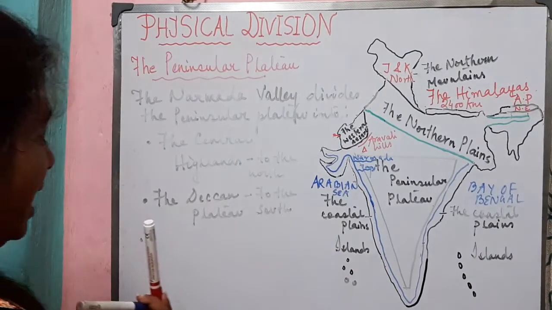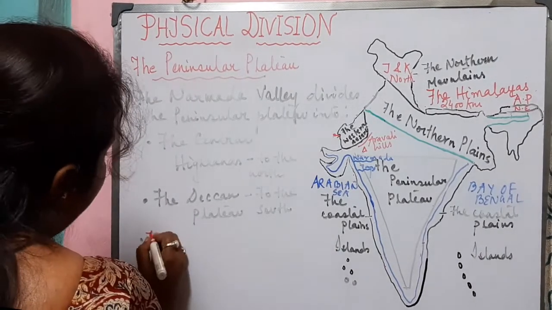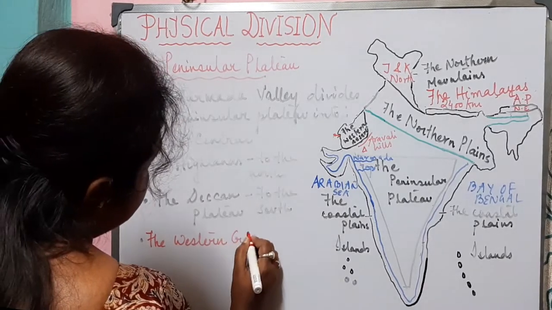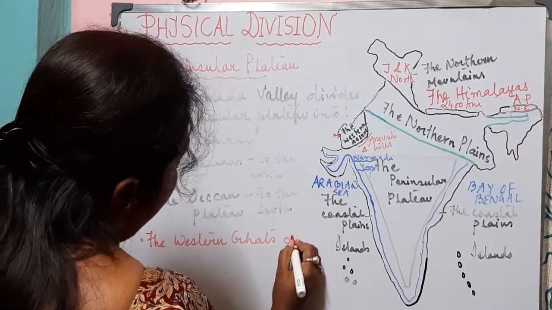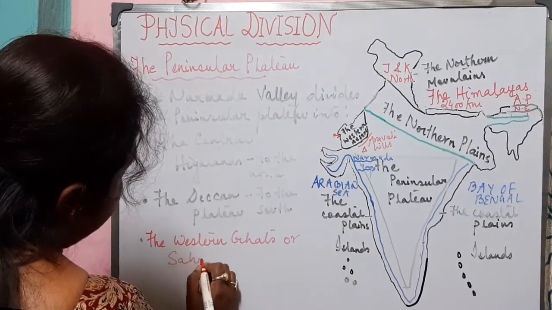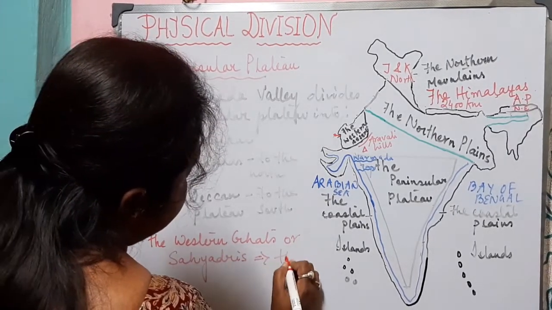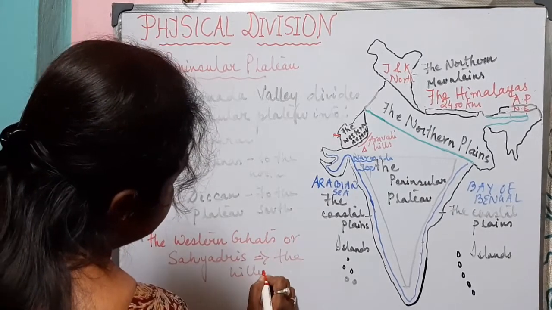Now we will see that there are the Western Ghats or the Sahyadris, and these are the hilly regions.